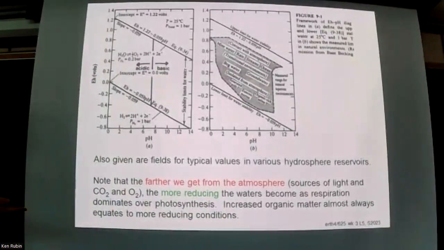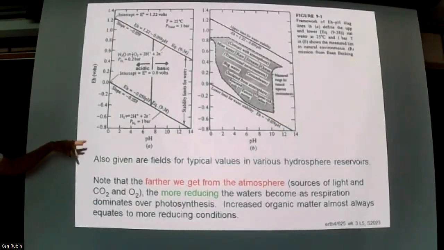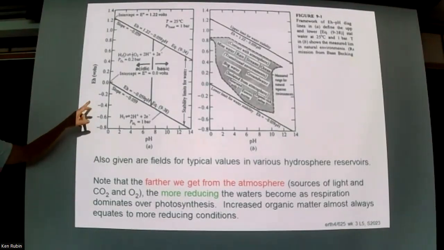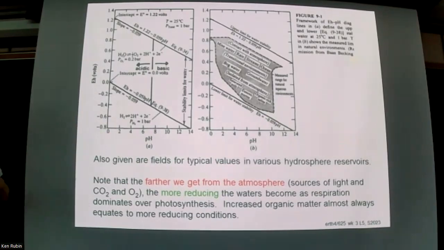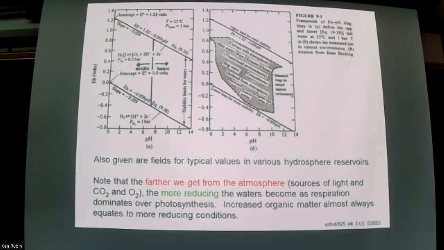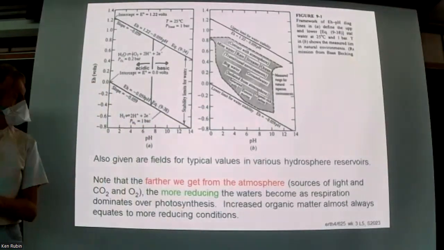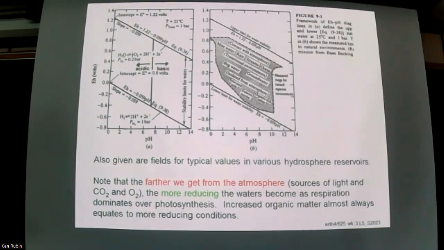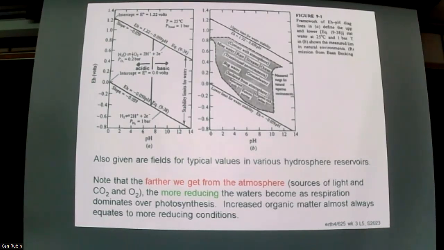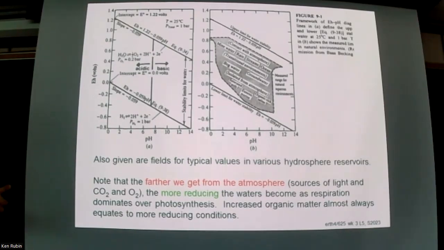So this is the same diagram with some values on it. This one happens to be an Eh-pH diagram. And you can see off to the side, on the diagram, there's a field that shows you some specific environments on the planet. I have that blown up on the next slide, but I just want you to start to think about what are the ways in which we could go down in pE, and that is isolating ourselves from the main source of oxygen, the main source being the atmosphere and photosynthesis.